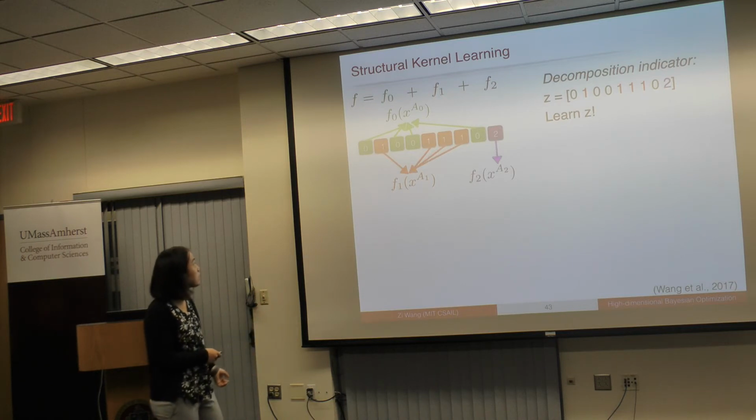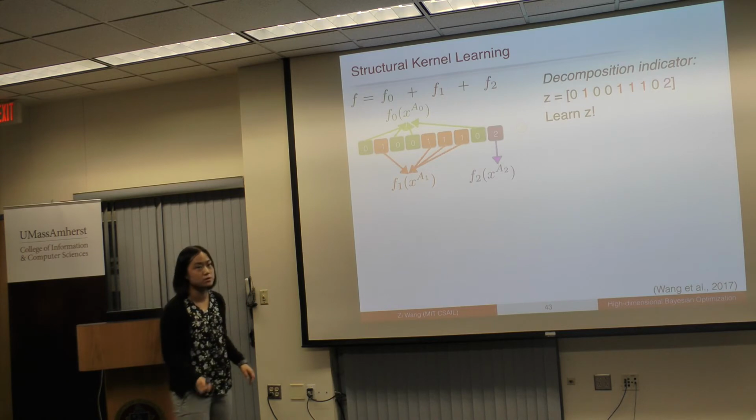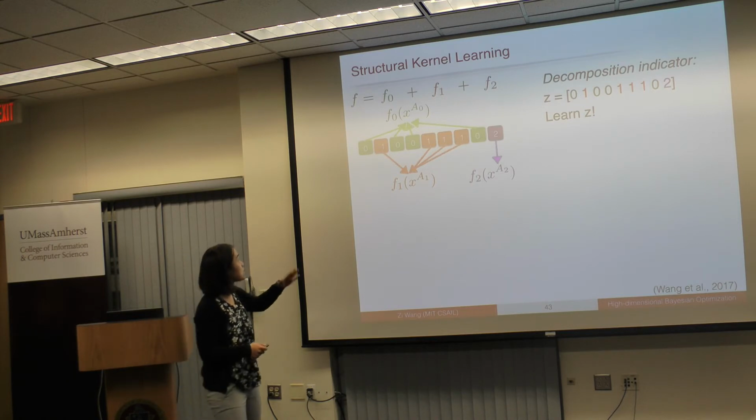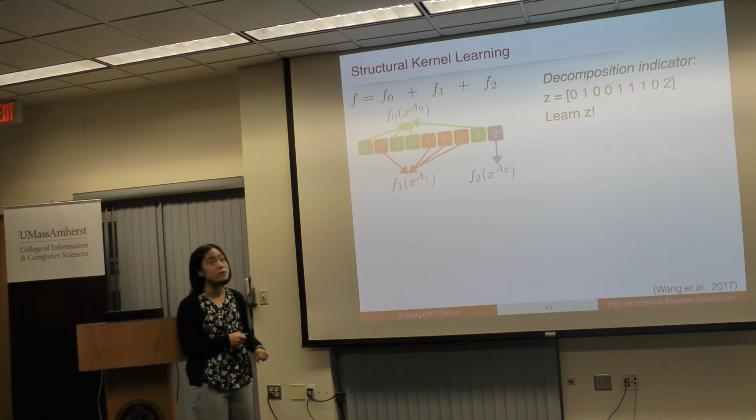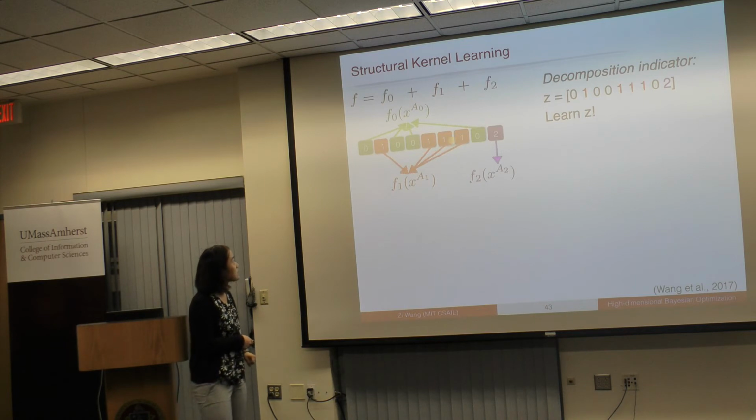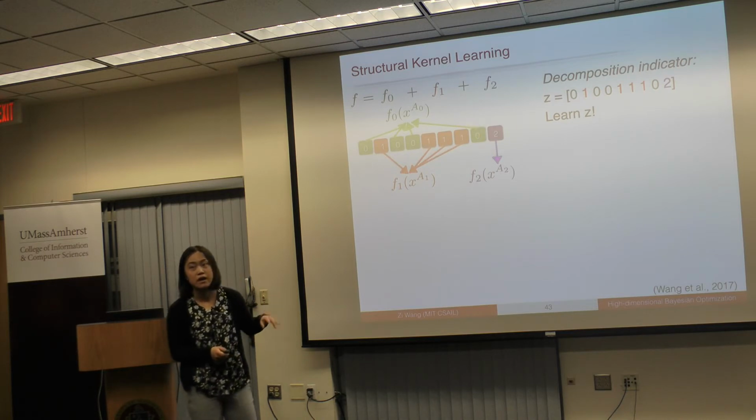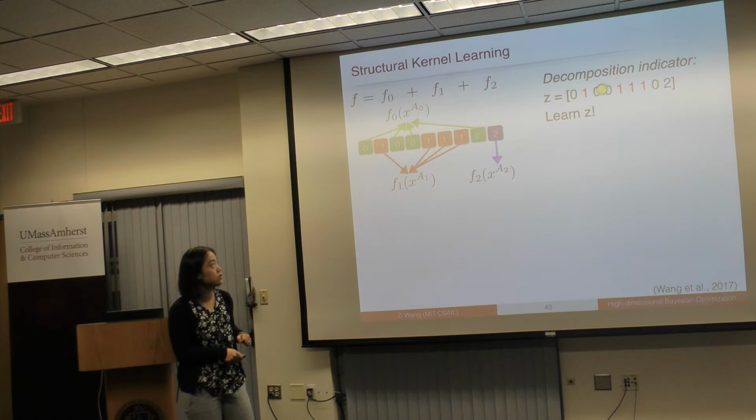For example, if we have a function f that is decomposed into f0 plus f1 plus f2, then because the first, second, fourth, and eighth dimensions of the input belong to f0, we fill in 0 at these coordinates.